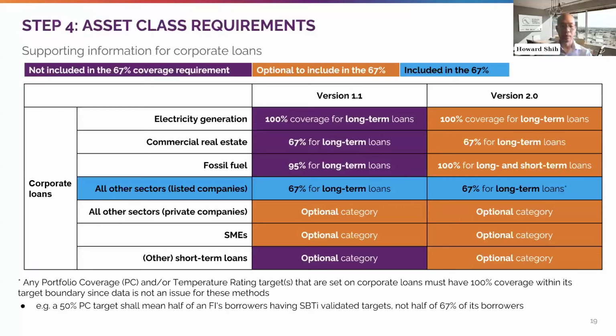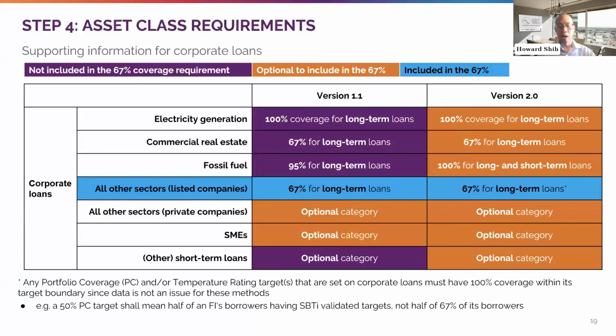Thanks, Nate. Another question, I guess asking to go over this particular slide. So under version 1.1, long-term corporate loans have a minimum coverage requirement of 100% for electricity generation, 95% for fossil fuel, and 67% for commercial real estate, and then 67% for all other sectors.